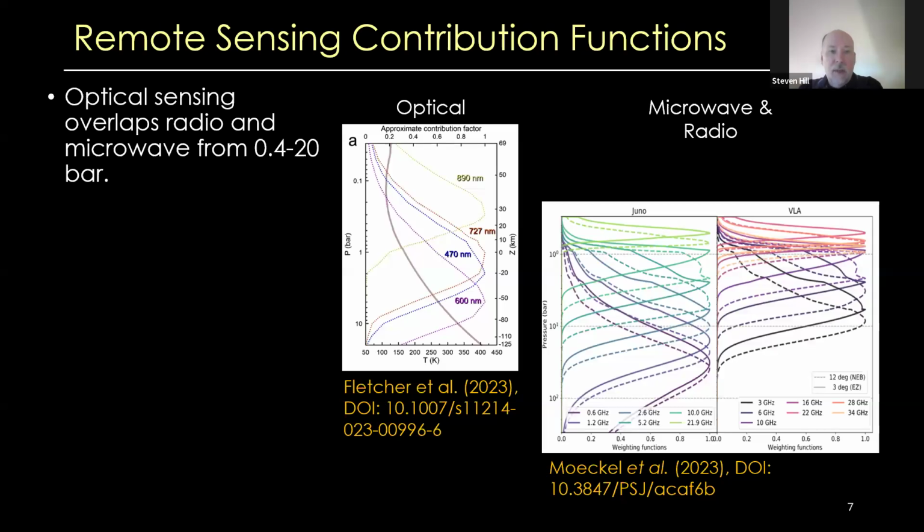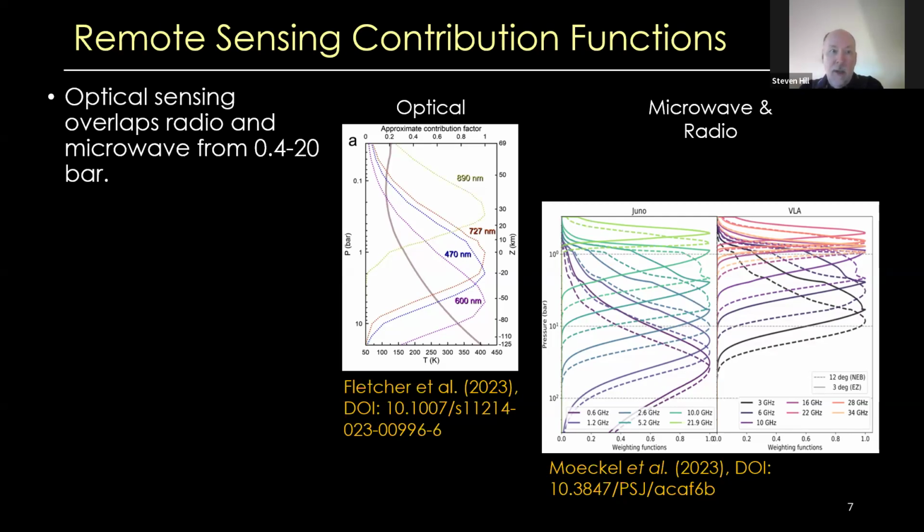So how do we remote sense Jupiter's atmosphere? Basically, it's all about contribution functions. These are essentially weighted functions that are based on a hydrostatic atmosphere assumption and the profile of the gases, aerosols, and other components that might be seen at certain wavelengths.